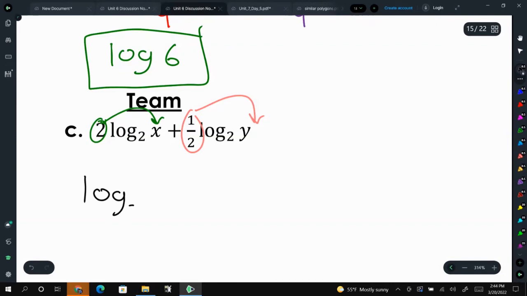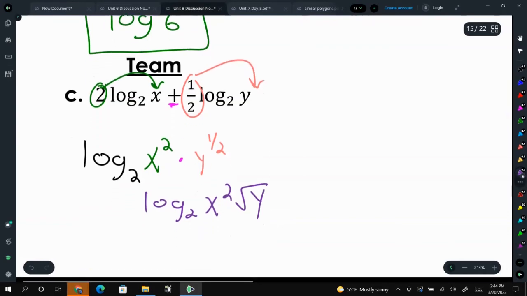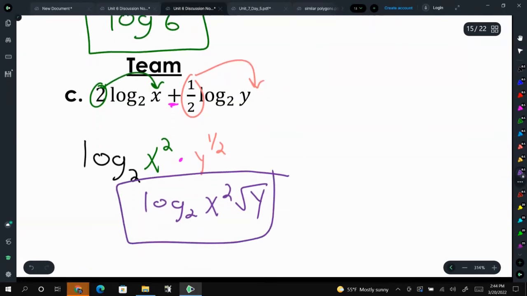So it's going to be log base 2 of x squared times, because of this plus sign, times y to the 1/2, which we can write as the square root of y. So this is going to be log base 2 of x squared times the square root of y. And that is our condensed log.